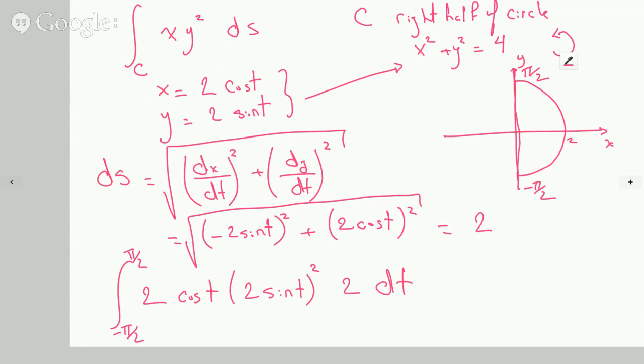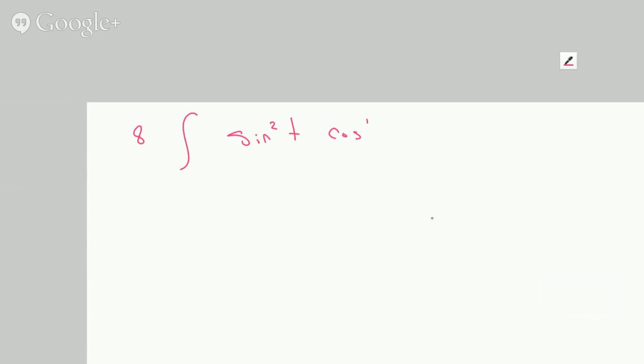So if I were to move this here, so far we have 4 times 2 is 8. I will pull this out, and then we have sine squared t cosine t dt. And of course, this is a relatively simple integral. If we make the u substitution with sine t being u, that works out just fine, because the derivative of sine is cosine, and that's conveniently located inside your integral.